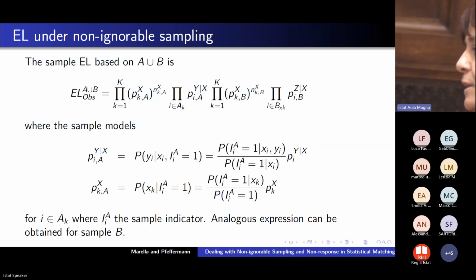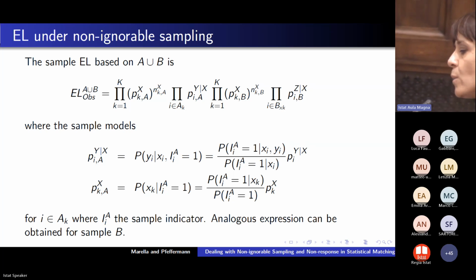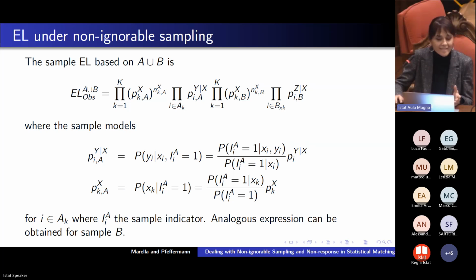Then, for instance, with regard to sample A, P_A(y|x) and P_A(x) are the sample models of y given x and of x. Because under informative sampling, the observed outcomes are no longer representative of the population outcome. This means that the sample model is different from the population model. And in particular, the sample models depend on the population model and on the sampling probability.